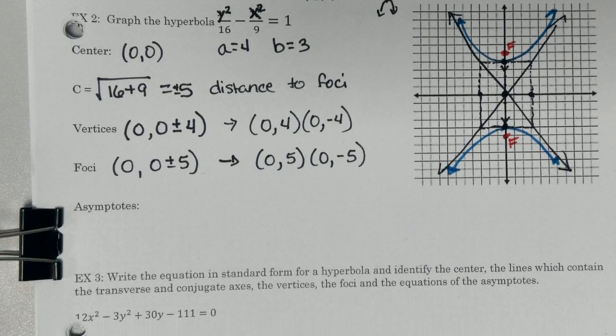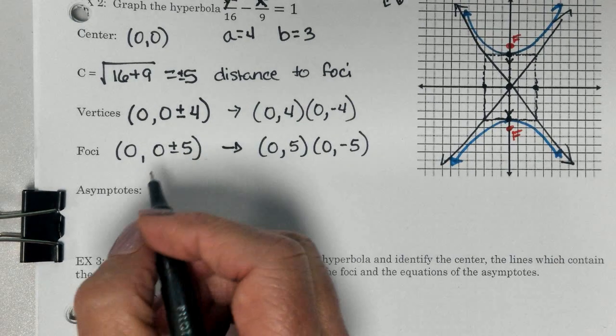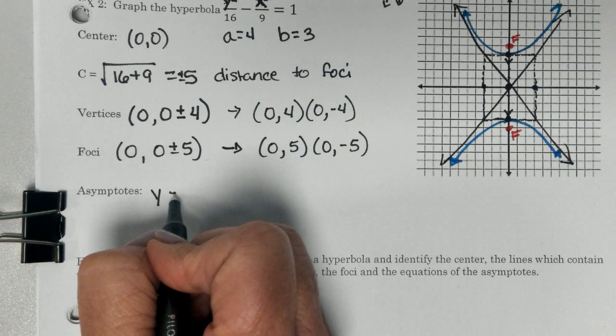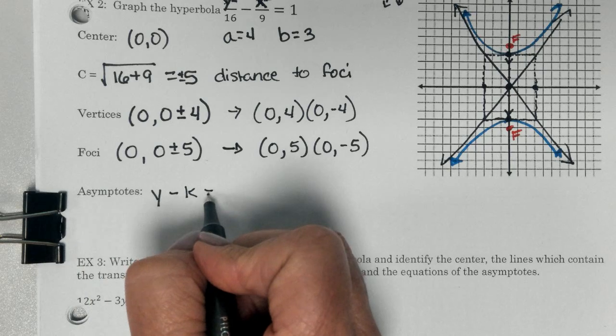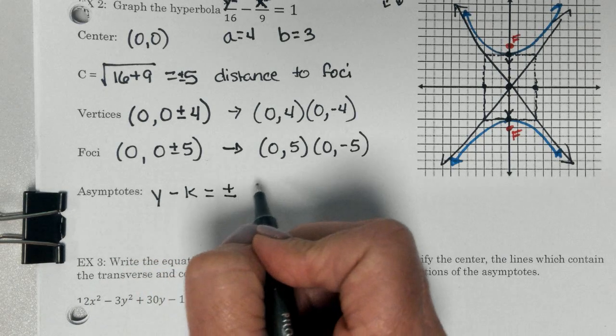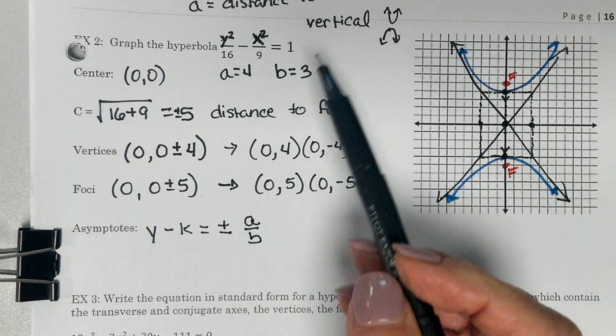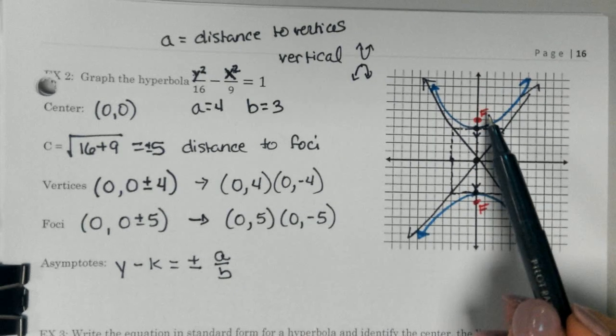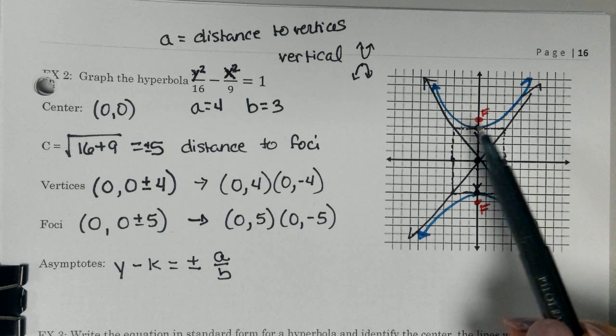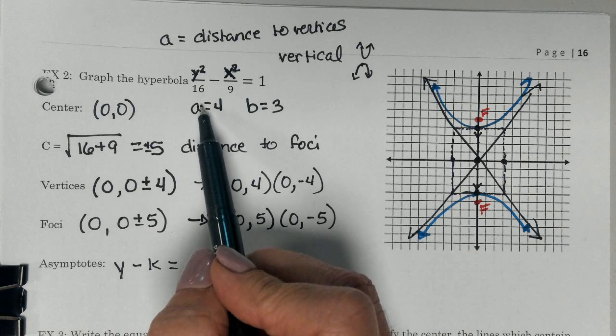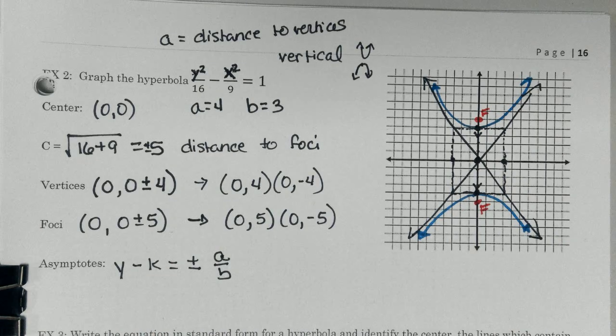And then our asymptotes. These are vertical asymptotes. So y minus k equals plus or minus A over B, because it's always rise over run. And in this case, our rise is going to be 4 and our run is going to be 3.